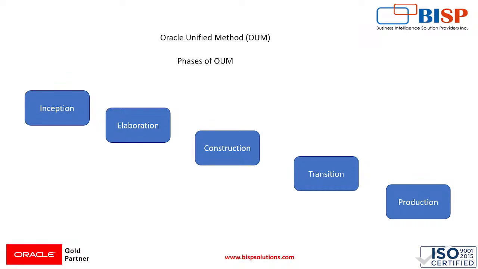That is, we have to make all the configurations needed to build the system. We have to sit with the whole team, the developers, the functional consultants, and the technical team also, and we will build and configure the system according to what the business user needs.